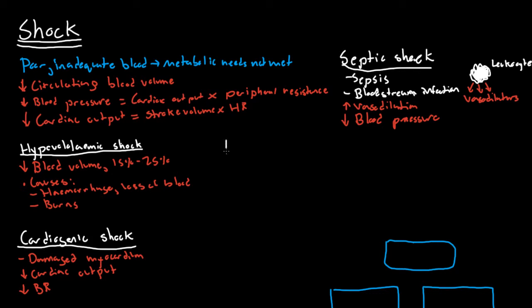Next, we have neurogenic shock. And you can already tell from its name again that it has something to do with the brain. Neuro, as in nerves or the brain. So some causes of this include sudden acute pain, so sudden pain, or intense emotional experience, or other possible spinal cord damage.